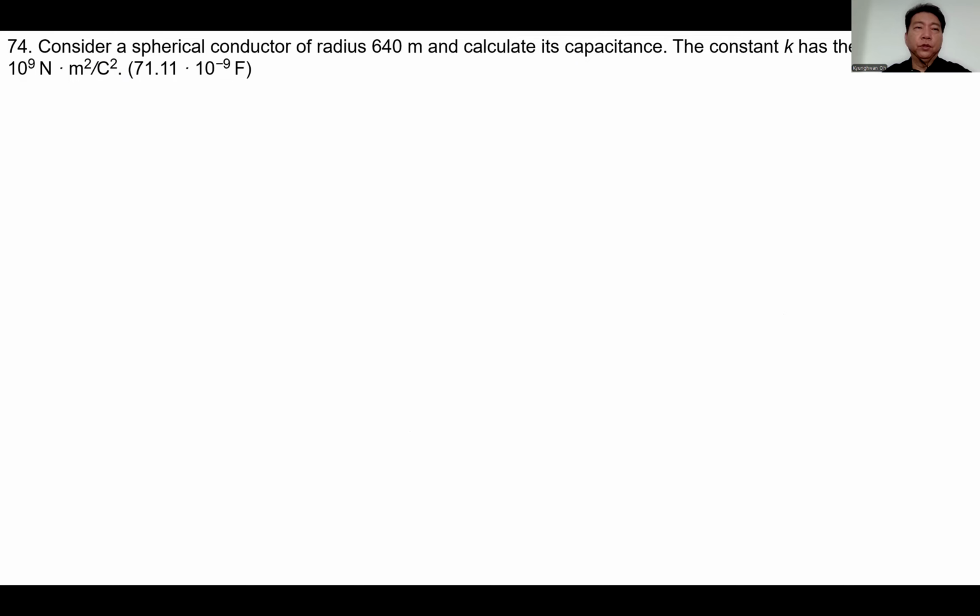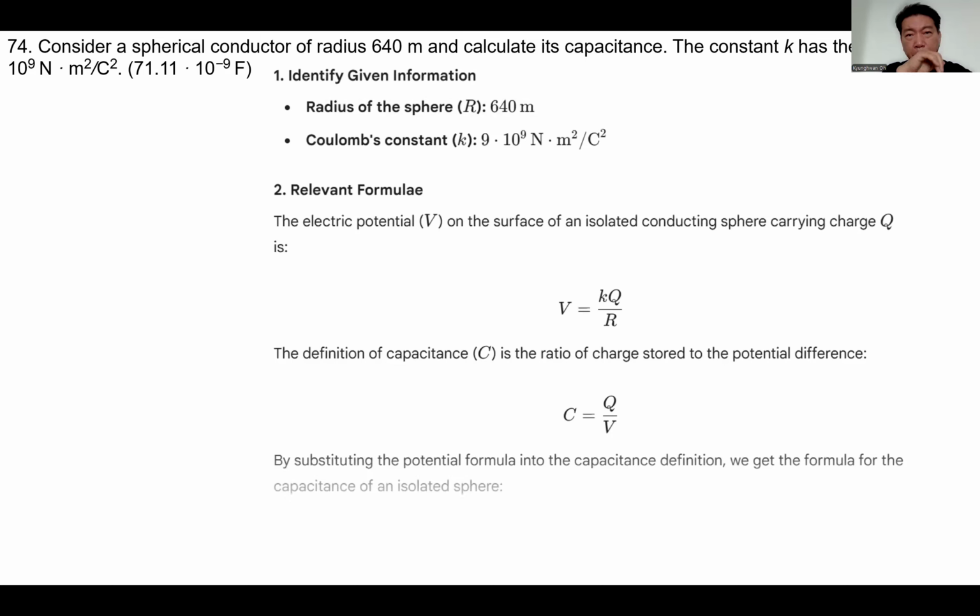Now try to think about a spherical conductor of a radius of 640 meters and calculate its capacitance. The constant kappa has a value of K. So we need to find out, the radius is given, and as we have seen before, it is a conductor. Note that we do not have a charge here.